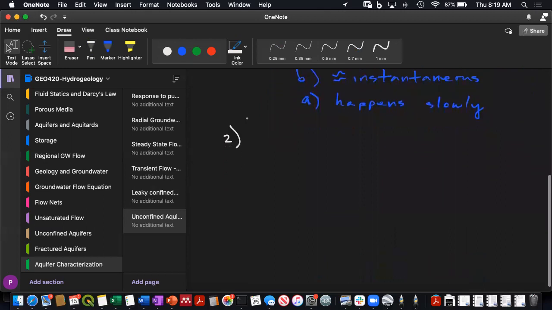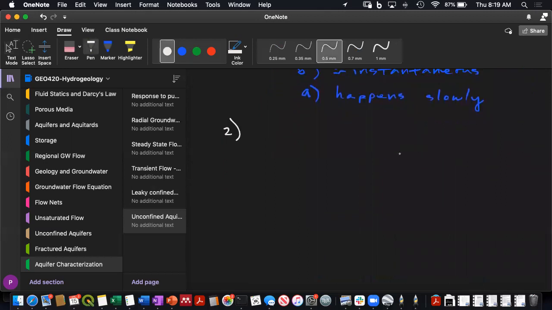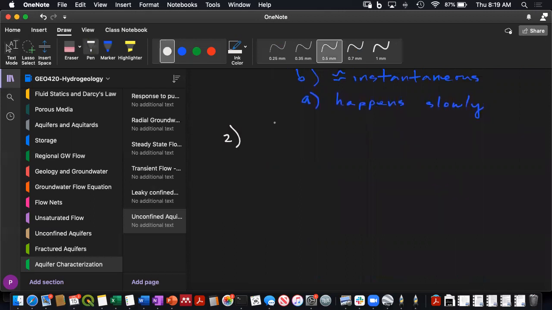Any ideas? Yeah, the thickness. In particular here, the thickness of our aquifer changes with drawdown.